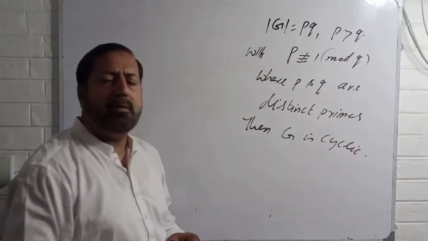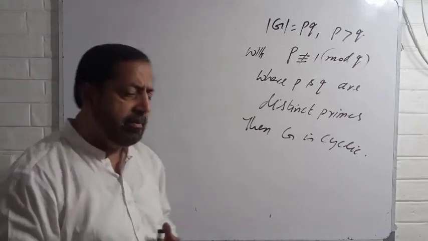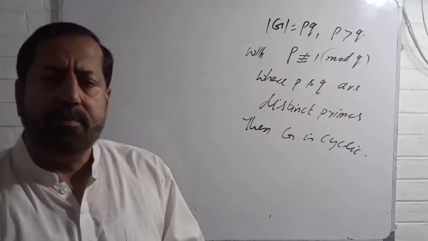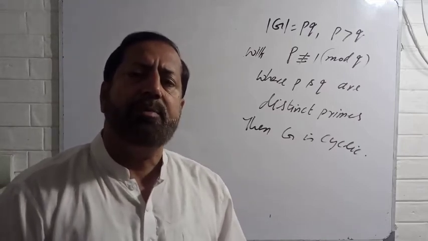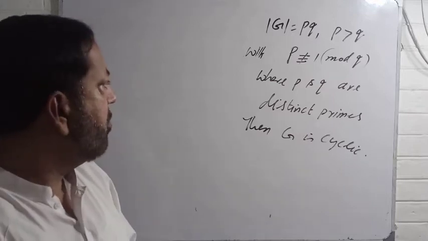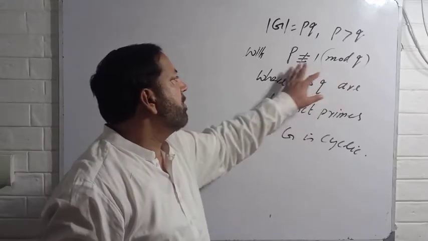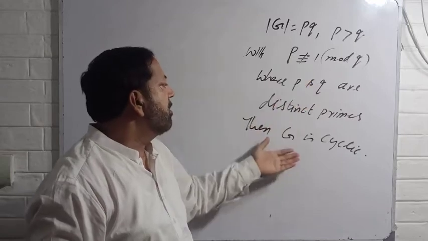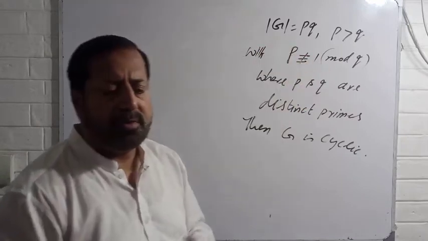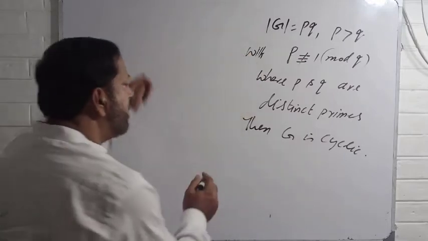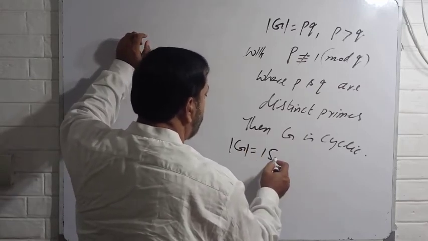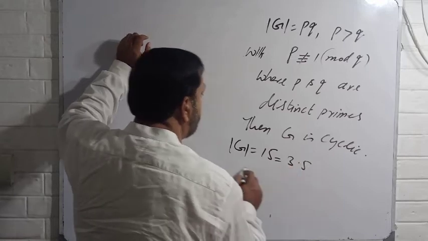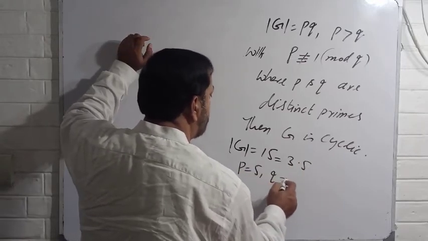Last time we proved this theorem. If G is a group of order PQ where P and Q are distinct primes, P is greater than Q and P is incongruent to 1 mod Q, that is, Q does not divide P minus 1, then G must be cyclic. Using this theorem, we have seen that if the order of G is 15, which is 3 and 5, you take P equal to 5, Q equal to 3.